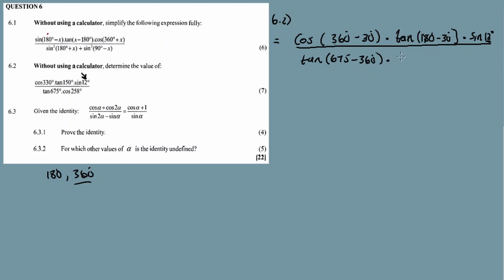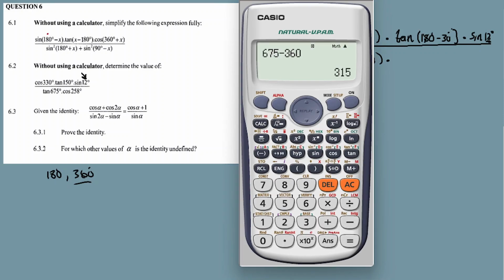Then we have cos 258. Cos 258. Is 258 closer to 360? 360 minus 258.